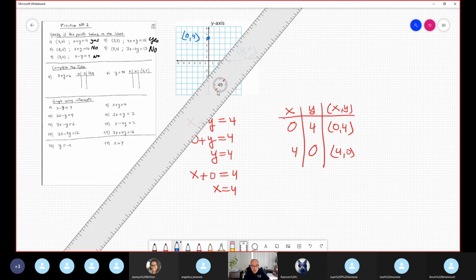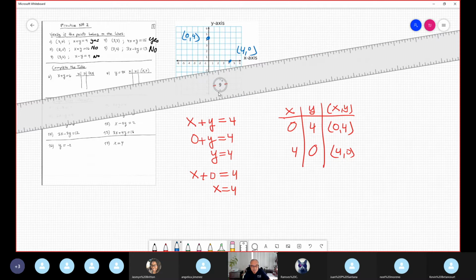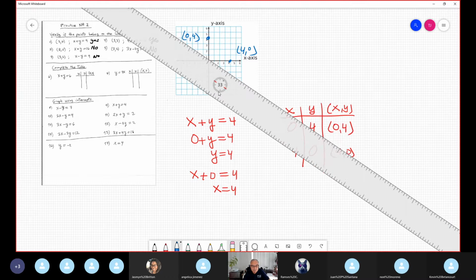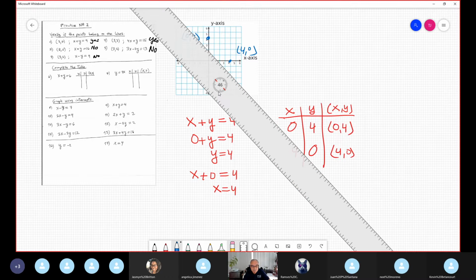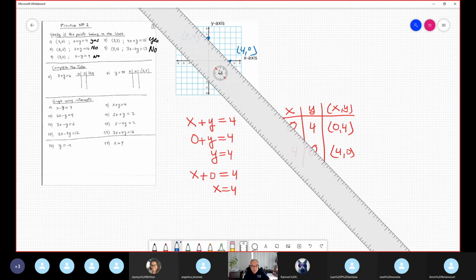45 degrees, but in the opposite direction. I'm using red color.